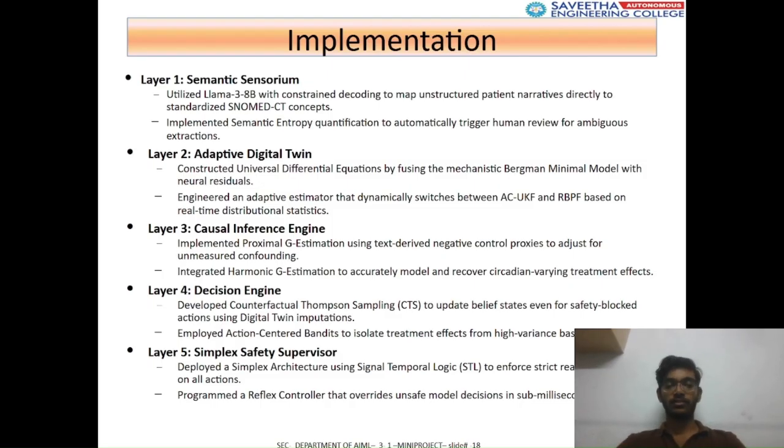Coming to the implementation, we have seen this. The first layer is the semantic sensorium using the Llama model, and the second part is the adaptive digital twin, where we use constructed universal differential equations along with the adaptive layer, and then the causal inference engine, and finally the decision engine and the simplex safety supervisor.